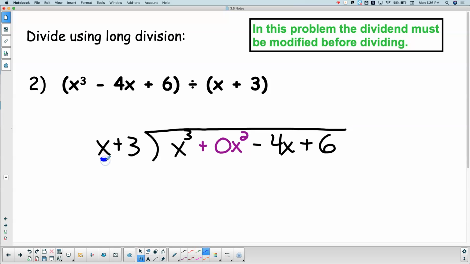X needs to become x cubed. What do I multiply by? X squared.